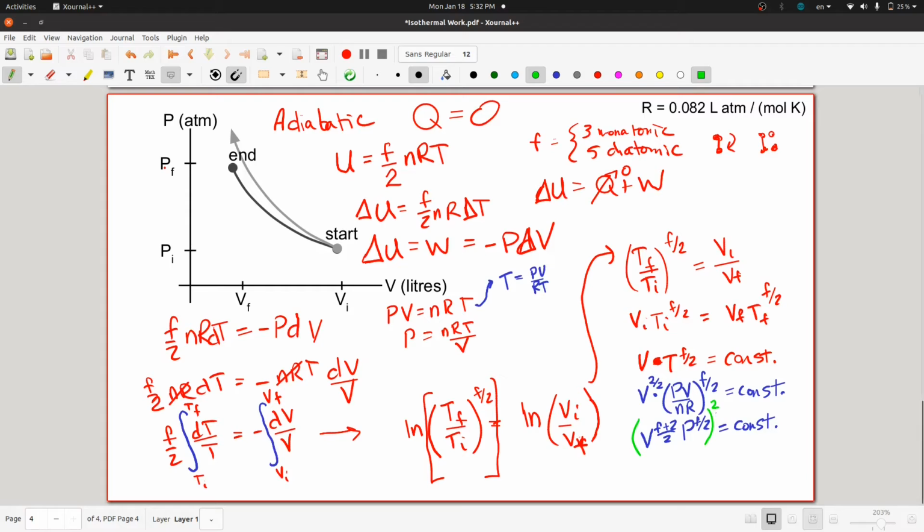And if I take the fth root of it, I will clear this f from the numerator, but need to divide by f here. So that shows me that V to the (f plus 2) over f, these 2's cancel, f plus 2 over f times P to the f over 2 times 2 over f is 1 times P, therefore, is equal to a constant.